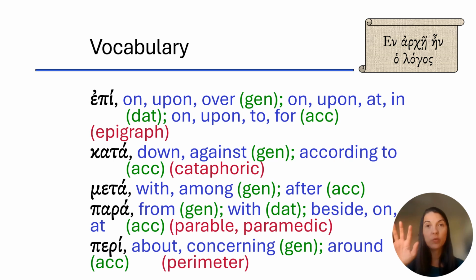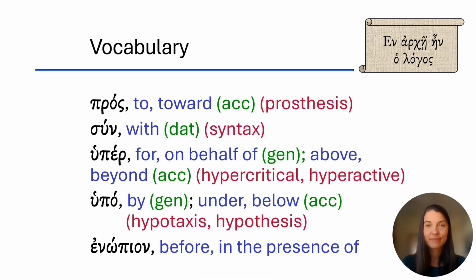I started to remember the word better if I had those categories lined up in my brain. Peri is about, concerning in the genitive, and in the accusative it's really more the same kind of idea of about, but more around. We're going around the perimeter of something.